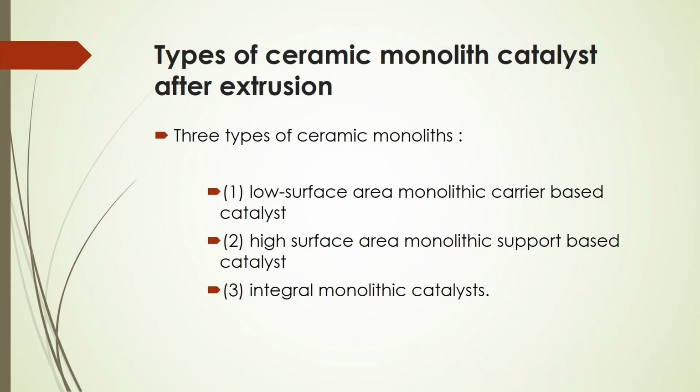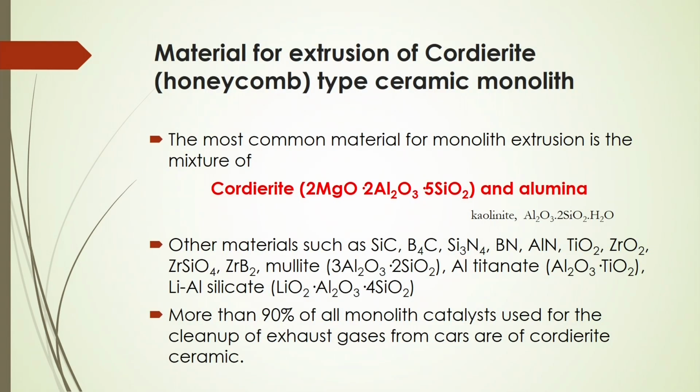Now, regarding the type of ceramic monolithic catalyst after extrusion, there are 3 types of ceramic monoliths: low surface area monolith carrier-based catalyst, high surface area monolithic support-based catalyst, and integral monolithic catalysts. The materials for extrusion of course should be selective.